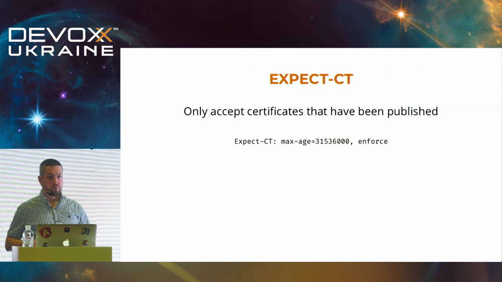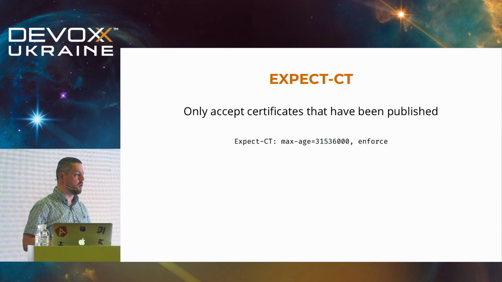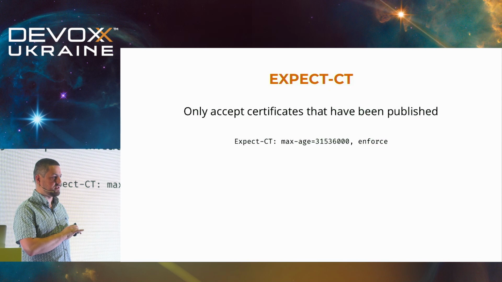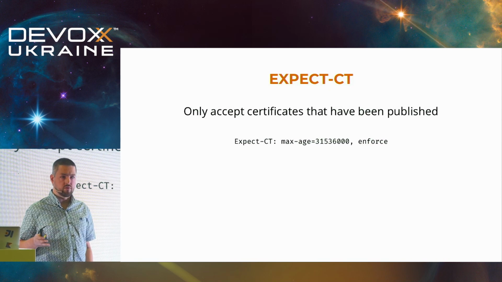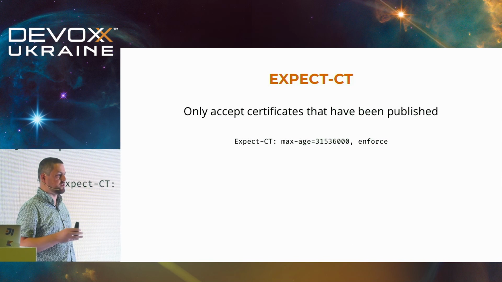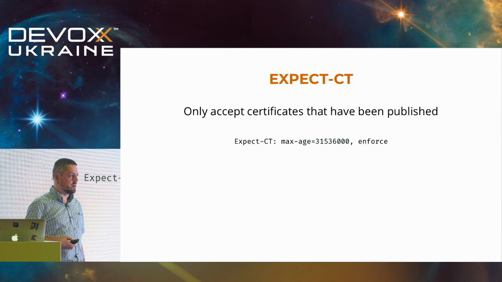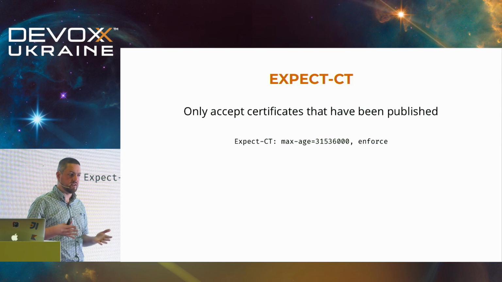Certificate transparency also comes with its own header, and it's called Expect-CT. Basically, this tells the browser that you only want to accept certificates that appear in these transparency lists. Now, I've just said that all certificate authorities have to publish them. So why would you still do this? Well, for instance, the story I just told you about Lenovo with Superfish, that was basically a root certificate that anybody could use to generate a certificate for your site.